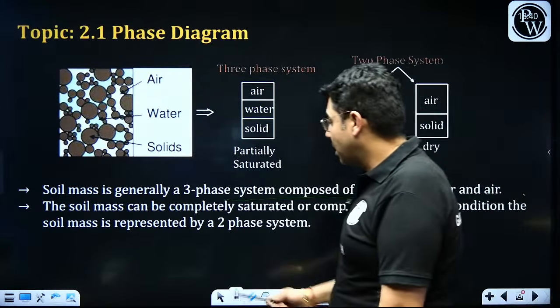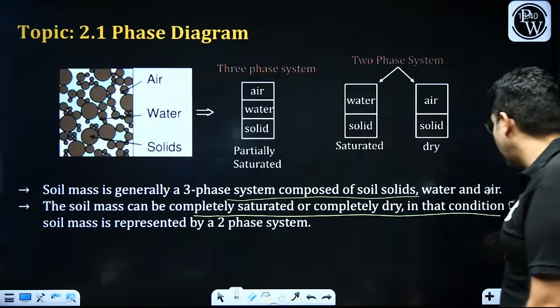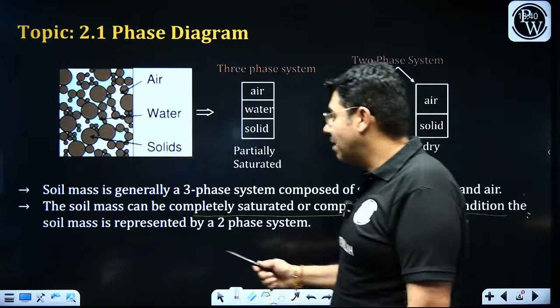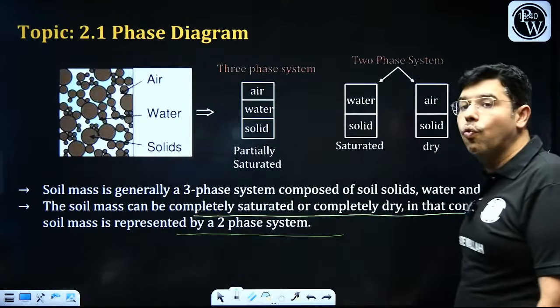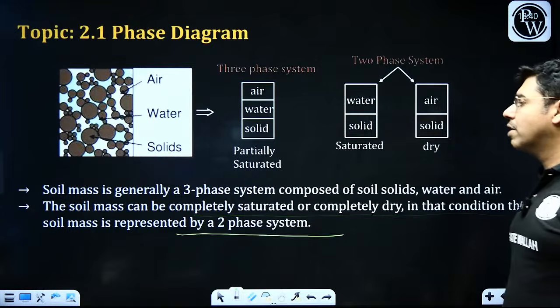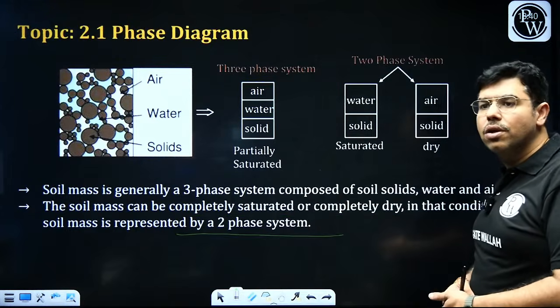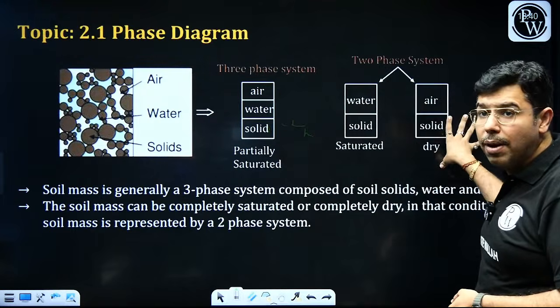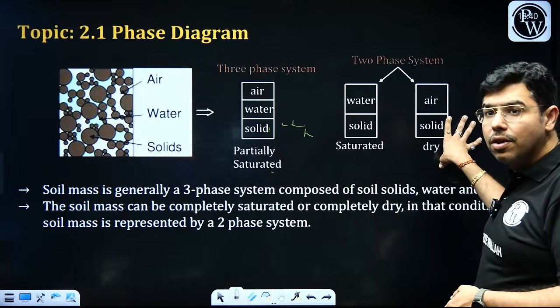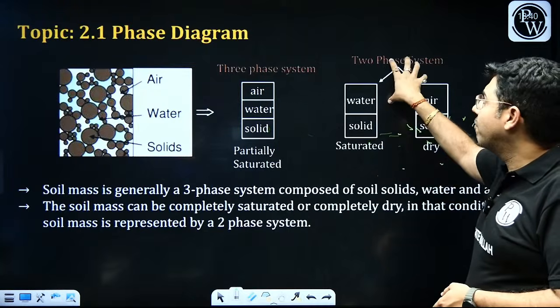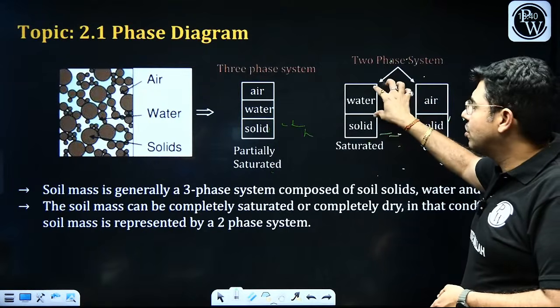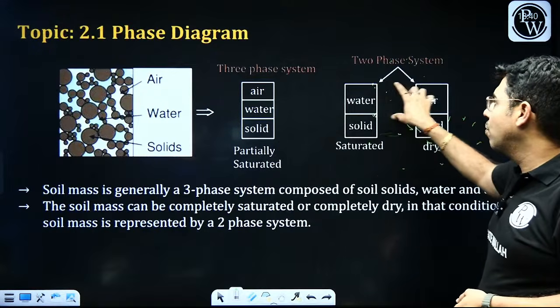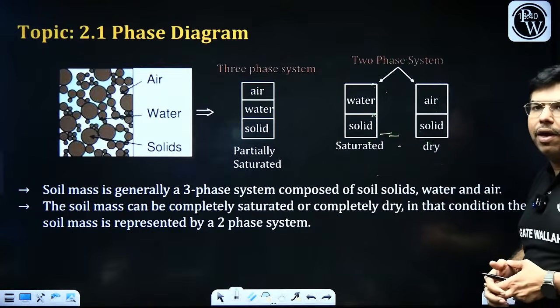The soil mass can be completely saturated or completely dry. In that condition, the soil mass is represented by a two-phase system. When the soil mass is partially saturated, it is a three-phase system. And when the soil mass is either saturated or dry, we have a two-phase system, in which the voids will have either water only or air only.